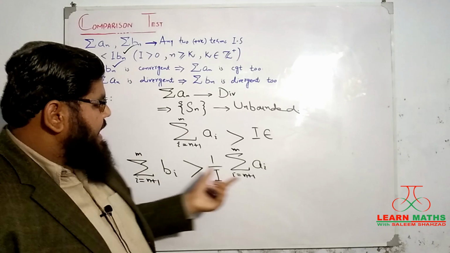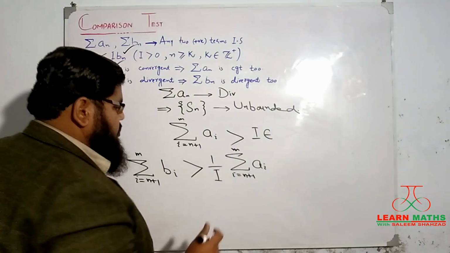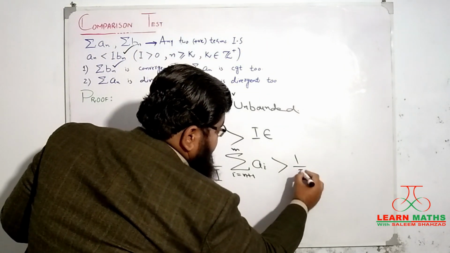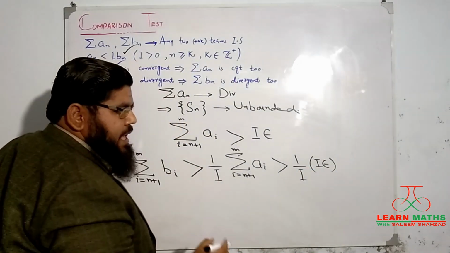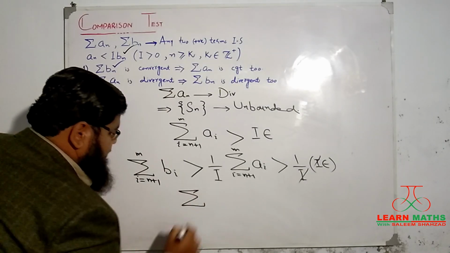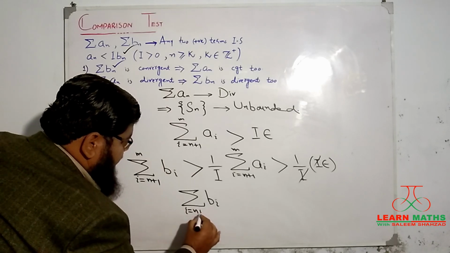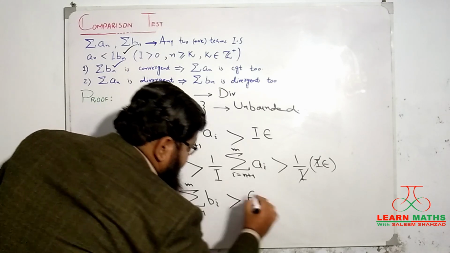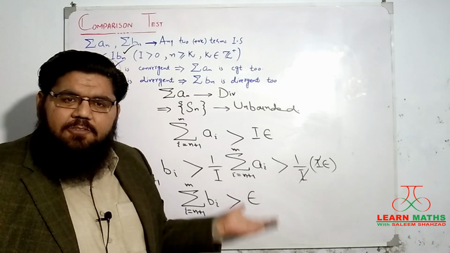And as we know that this expression is greater than l times epsilon, I can write it over here as 1 over l times epsilon. Then cancelling these two, we will finally have summation of bi, as i runs from n plus 1 to m, greater than epsilon, where epsilon is any positive real number.